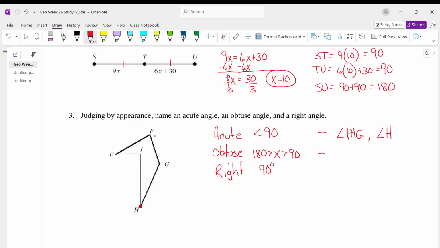All right, so then something greater than 90 but less than 180. Everybody see angle G right here? If you start at F, you go down to G and then over to H, this angle right here. We can call it angle FGH, call it angle G, and we can also call it angle HGF.